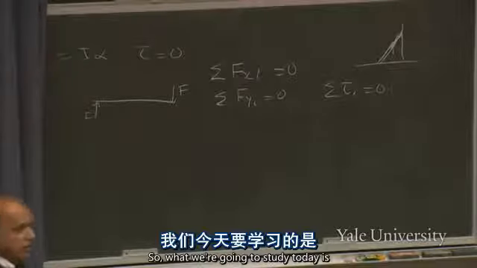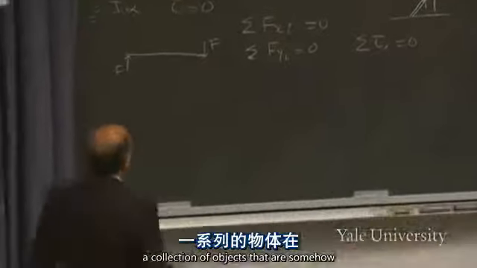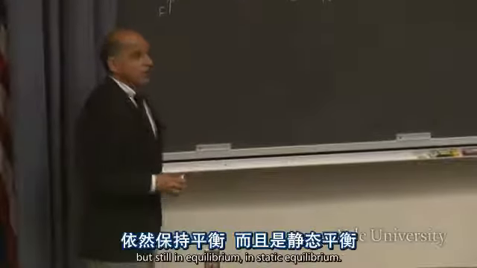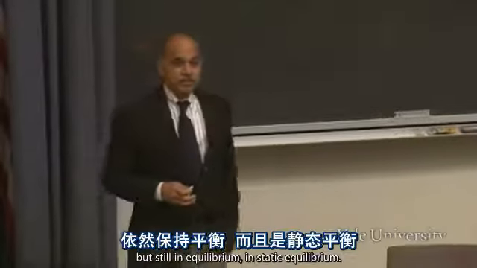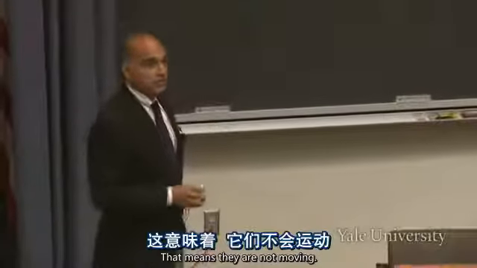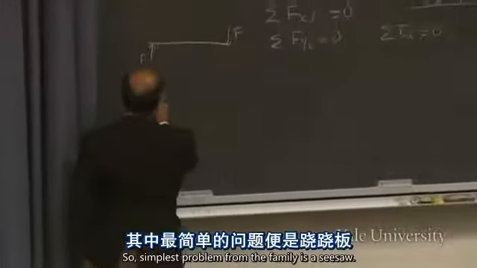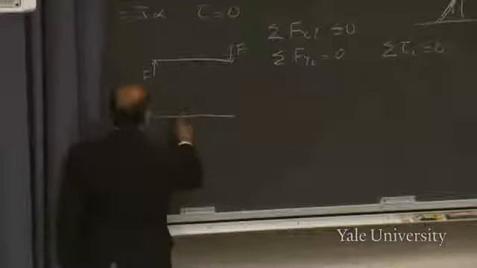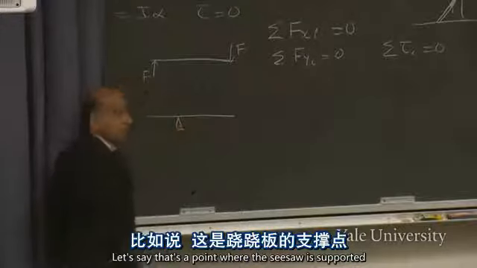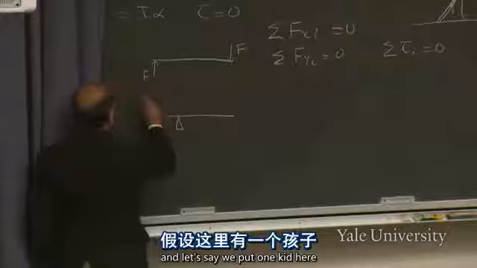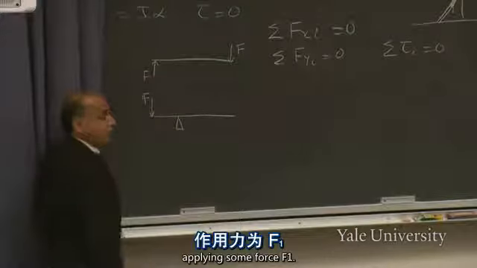So what we're going to study today is a collection of objects that are somehow subject to a variety of forces, but still in equilibrium, in static equilibrium. That means they are not moving. So simplest problem from the family is a seesaw. Let's say that's a point where the seesaw is supported, and let's say we put one kid here applying some force F1.